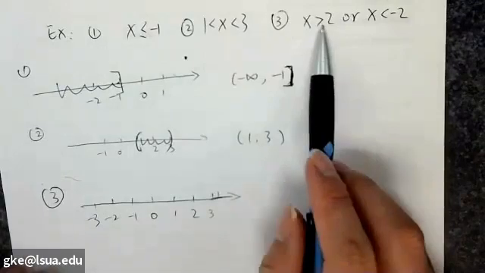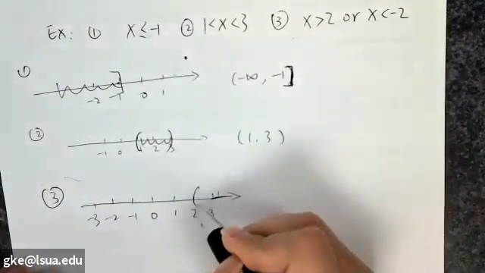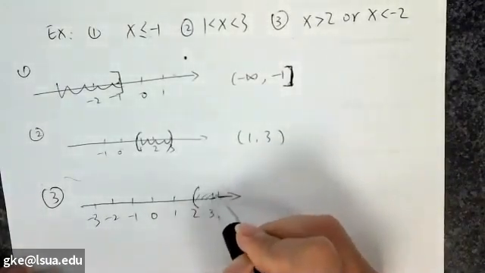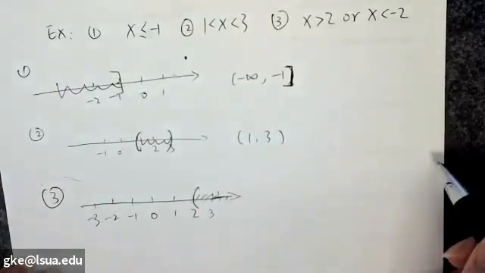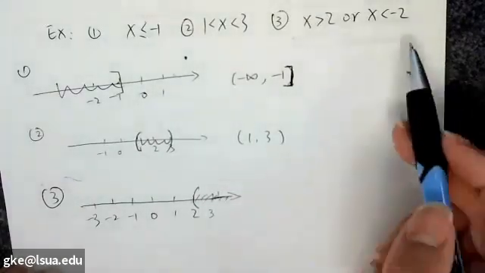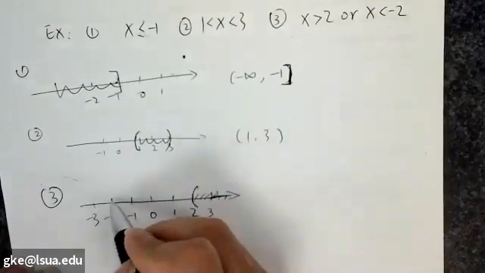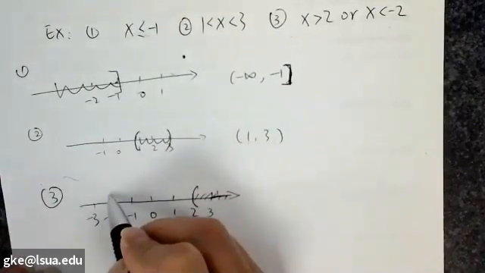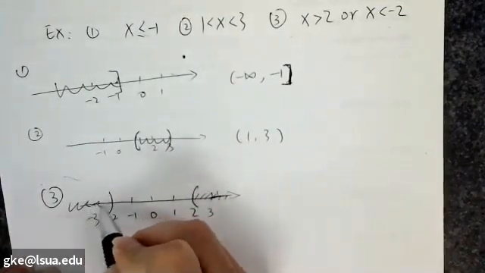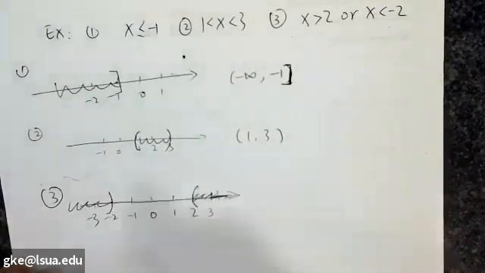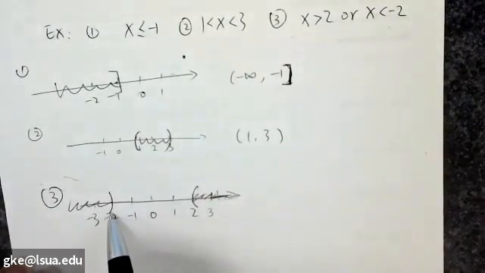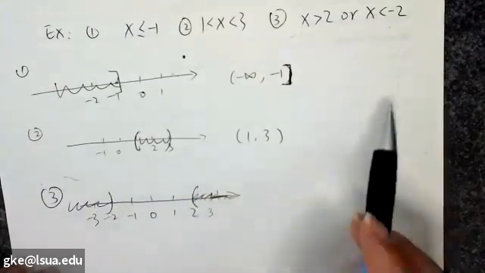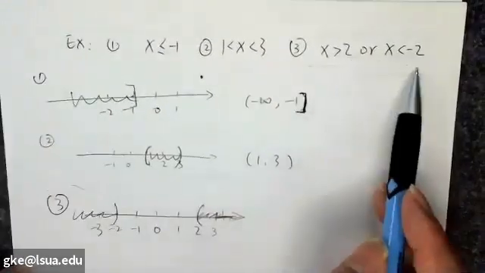I'll have x greater than 2. So it should be here. It's not included. X less than -2 should be like that. Both of them should be round brackets because it doesn't include the points.